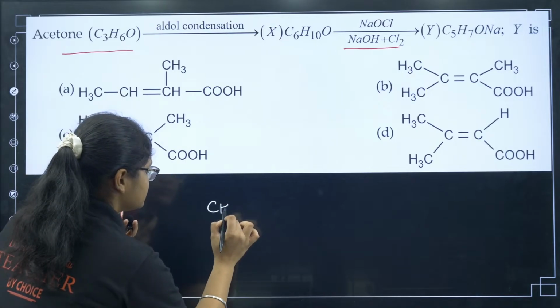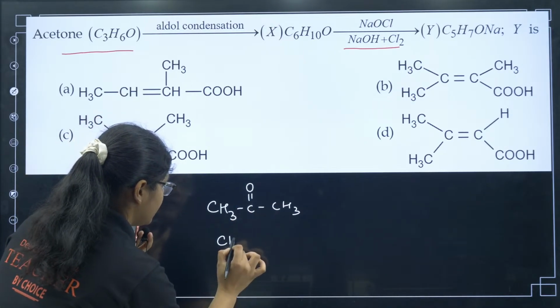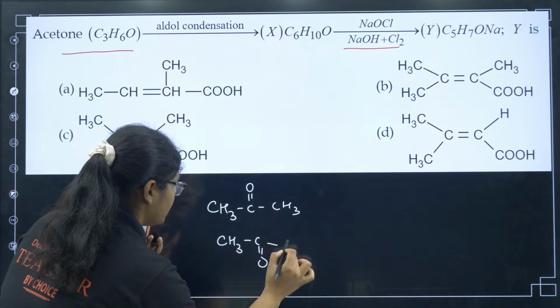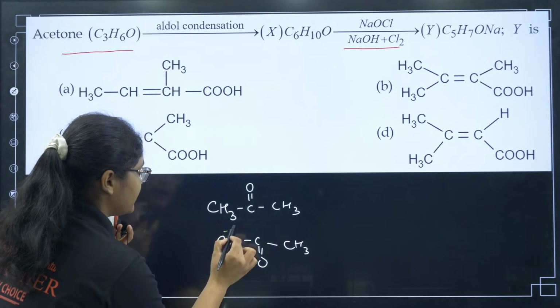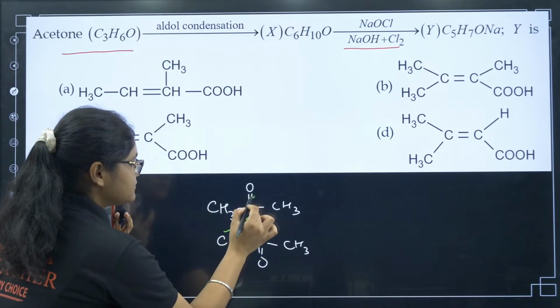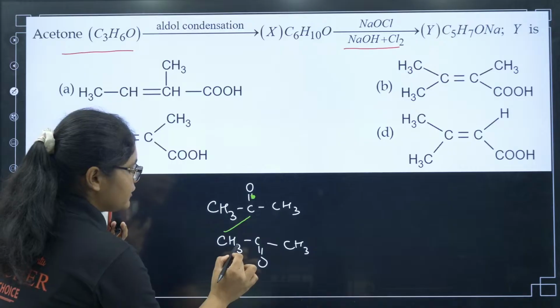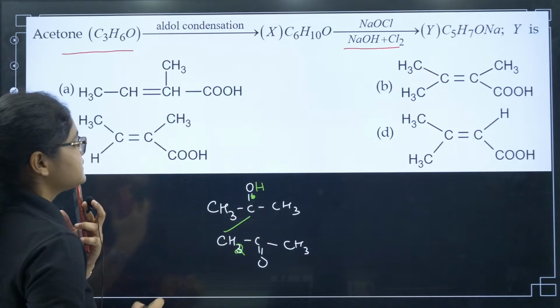Acetone is there, right? So CH3COCH3. What is the trick? We have to write acetone once again at the bottom, right? Next, I will connect this alpha carbon to the carbonyl carbon and this bond will go. And after that you will remove one H here and add one H here, right? So that is the first product.